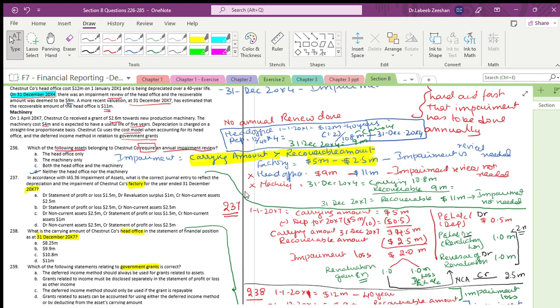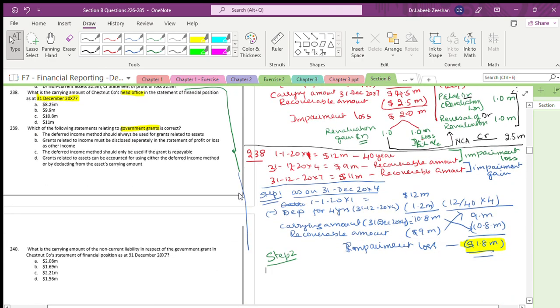Now, whenever there is a revaluation, see the things. Which model do we have to use? Cost model or revaluation model? Impairment is taking place.